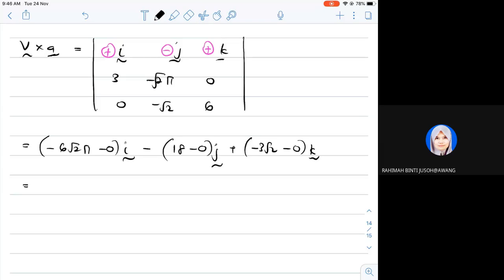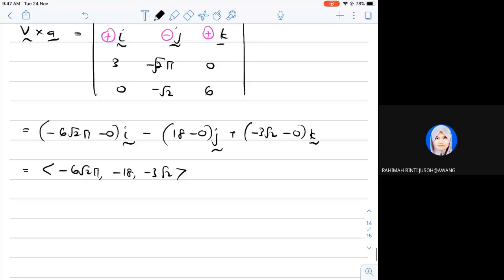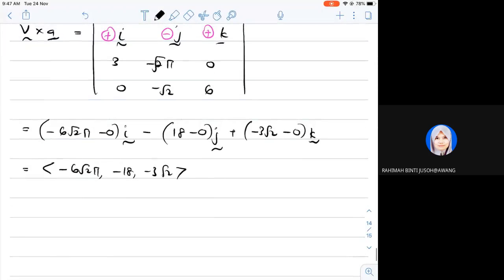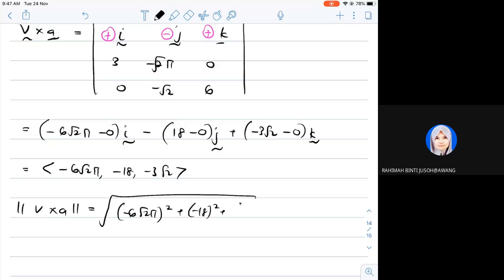So we have negative 6 square root 2 pi, negative 18, negative 3 square root 2. What should we do next? We have to find the magnitude. Square root of negative 6 square root 2 pi squared plus negative 18 squared plus negative 3 square root 2 squared.